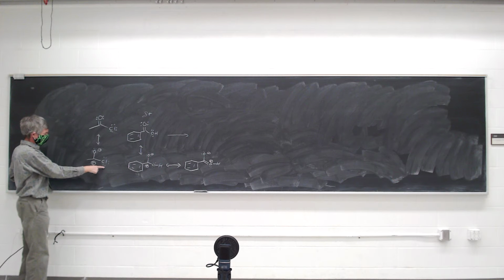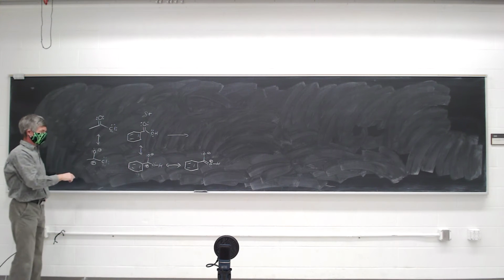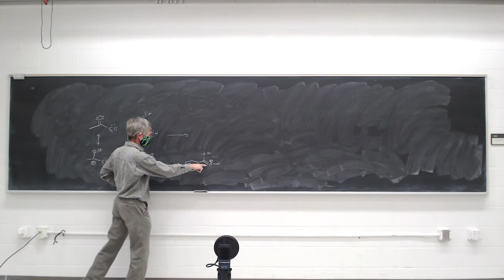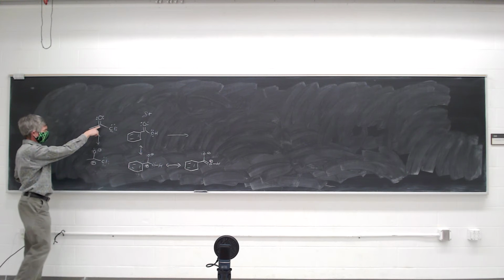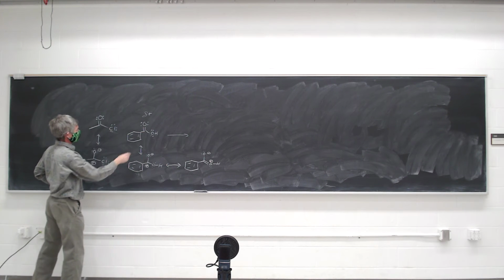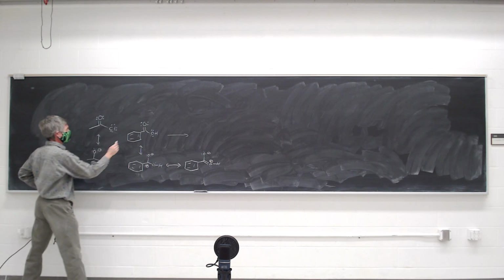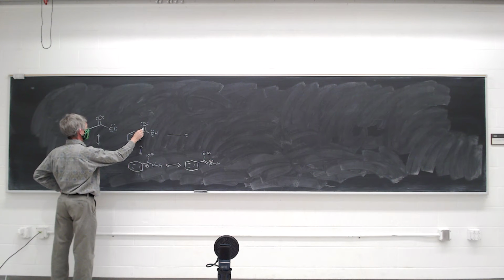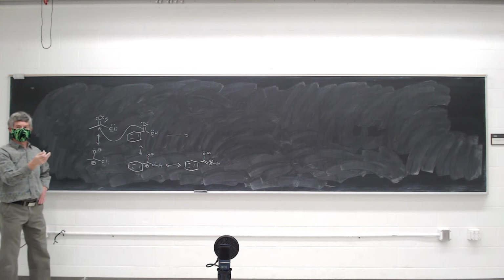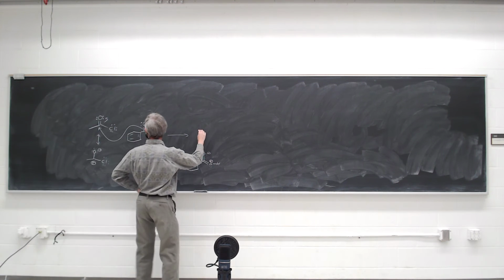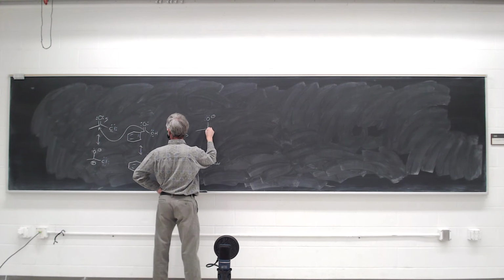Because chloride is not very good at donating electrons in to form this more stabilized material, this has a larger partial positive charge on it than that one does. So the attack will be from the nucleophilic pi bond or the lone pair. It doesn't really matter which one you show. Generating a tetrahedral intermediate.